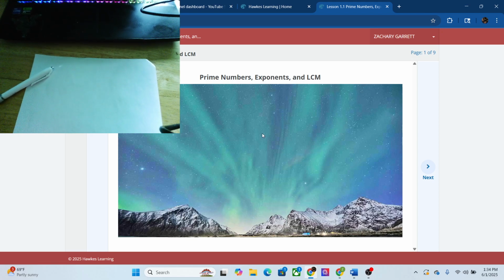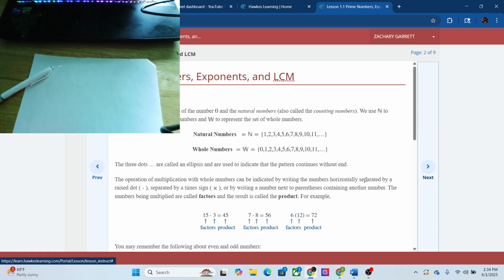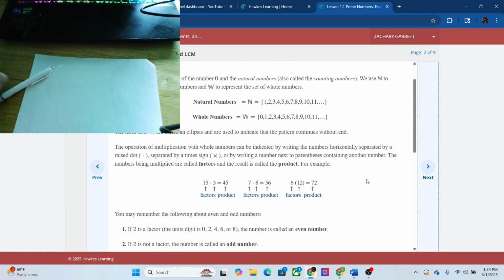This lesson is about prime numbers, exponents, and the least common multiple. What we need to take away from this is there are a few different sets of numbers. There's natural numbers and whole numbers.